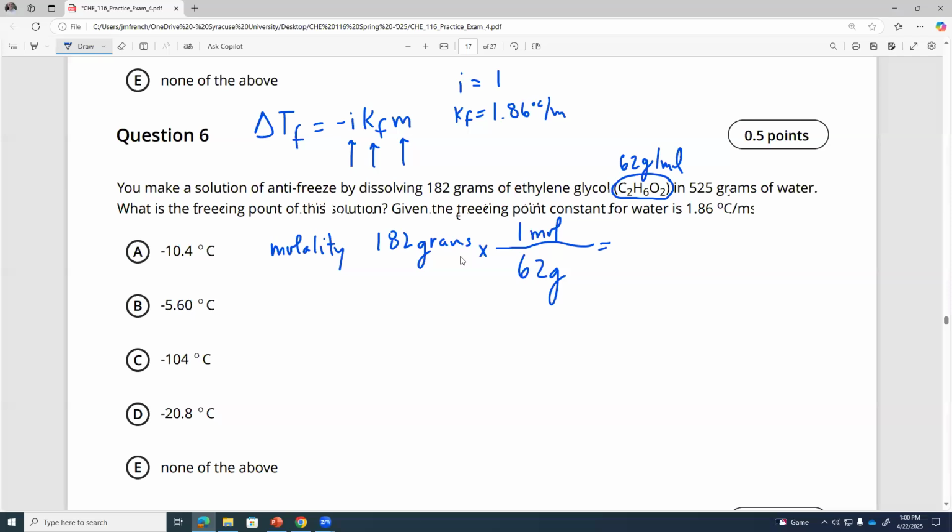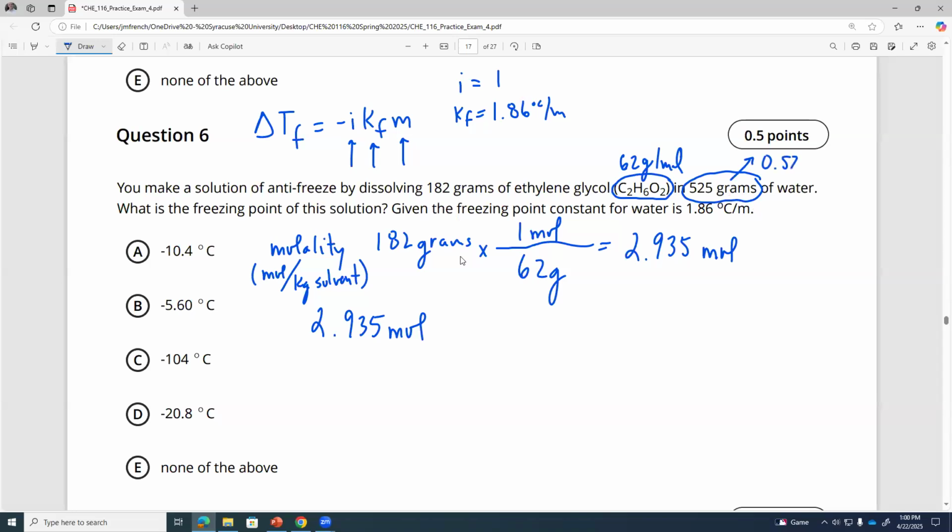All right, so 182 divided by 62, we have 2.935 moles in solution. And molality, right, is moles over kilogram of solvent. So I've got 2.935 moles, and I have that in 525 grams, which is 0.525 kilograms.